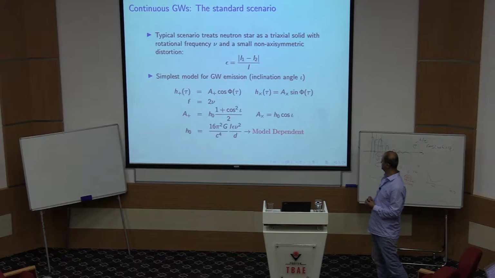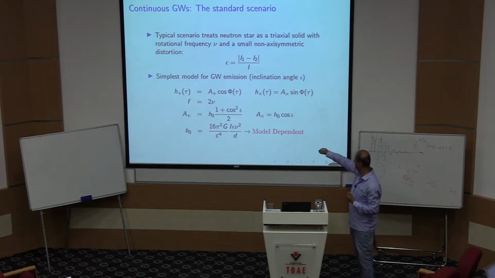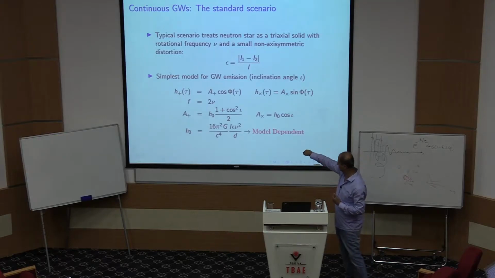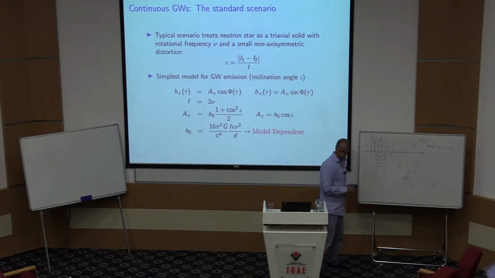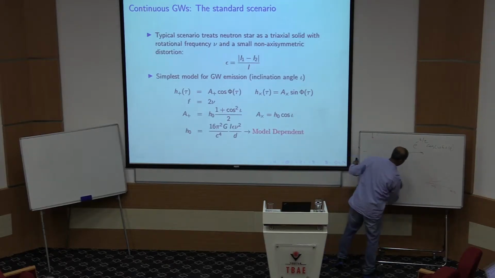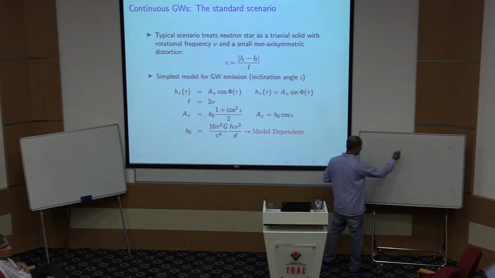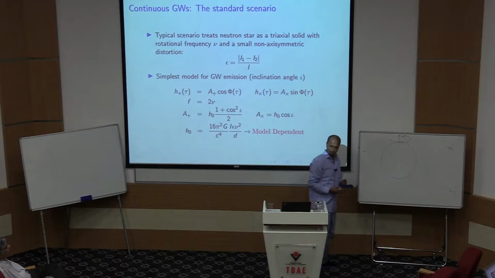Then you apply the quadrupole formula that you heard about in Scott's talk in the morning. What you'll find is the emission of a gravitational wave in which the amplitudes A plus and A cross are constants, and they depend upon a dimensionless number h naught and these angles. If I can draw the picture here, imagine a neutron star spinning around its axis, which has a slight asymmetry in it.